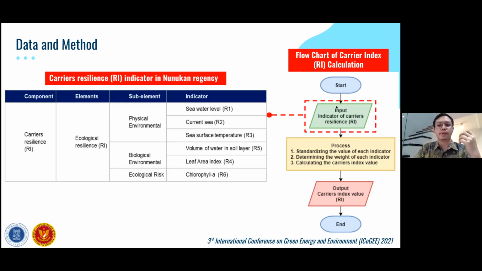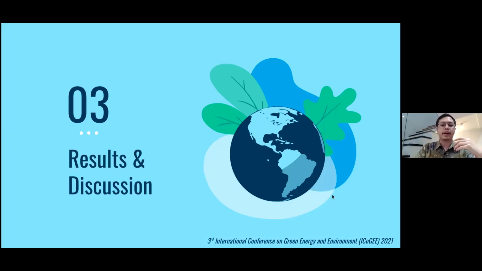Here's the start, input indicators, then the processes: standardizing, determining, calculating, and so on. And here's the result.